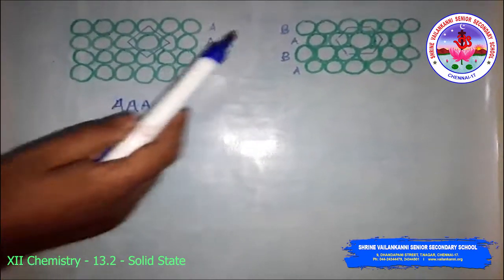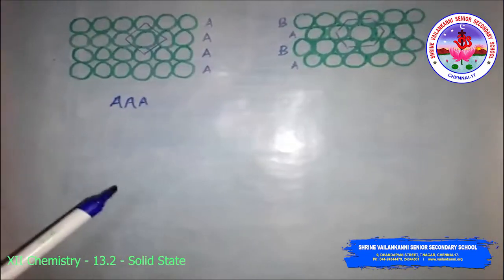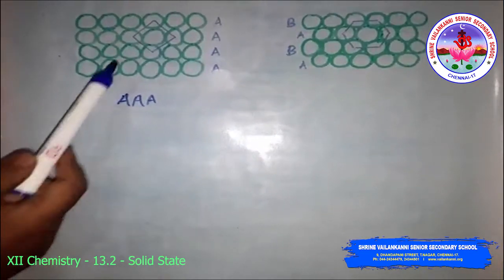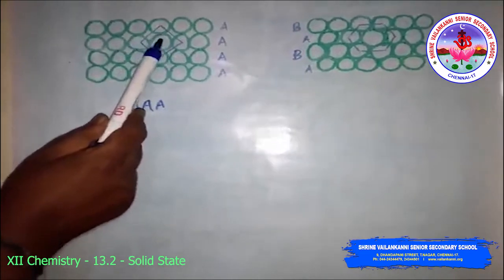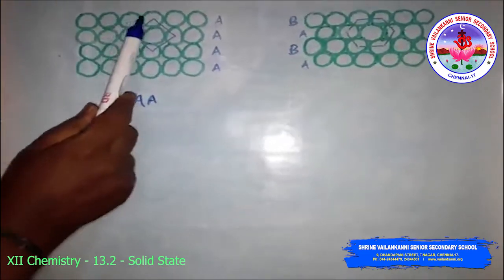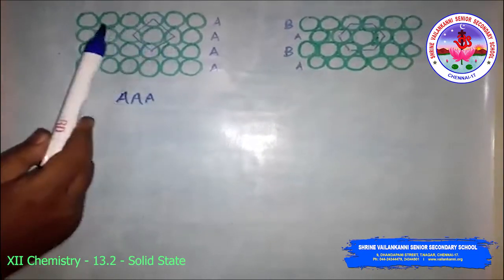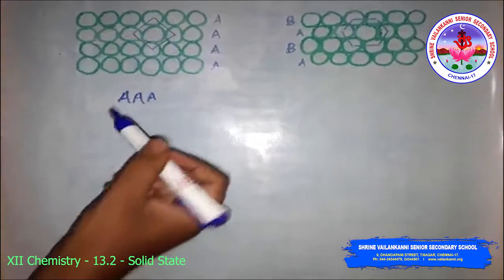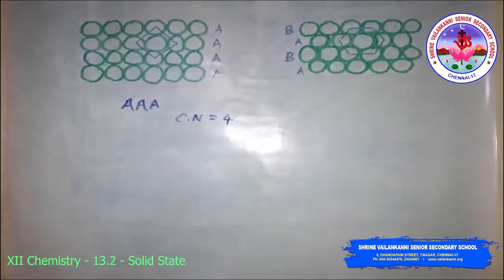In this arrangement, each sphere is in contact with four of its neighbors. This sphere contacts this one, this one, this one and this one, four of its neighbors. So the coordination number for two dimensions is 4.